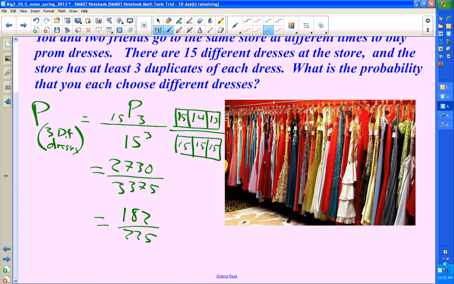Okay, 182 over 225. Pretty good chance that we could get 3 different dresses. Right? So the whole duplicates thing just throws you off.